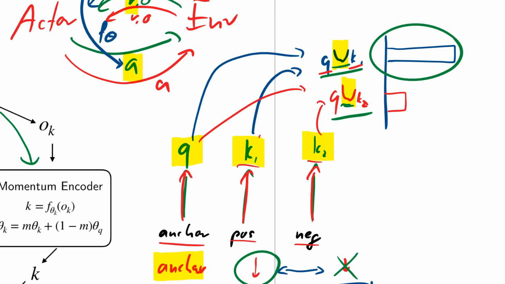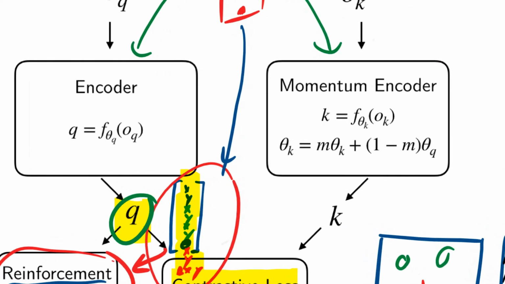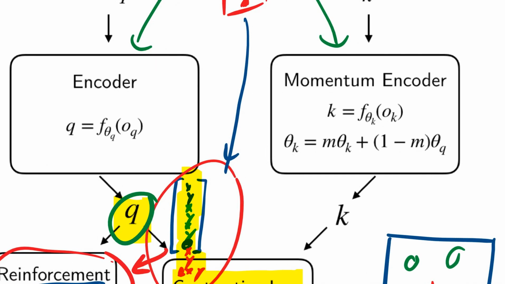So we have different neural networks, one that will encode the query, which is this FQ, and one which will encode the keys, FK. Now, we don't want to learn 2 neural networks, and that's why there's a bit of a compromise where we say it is the same neural network, but basically this one is the one we learn.